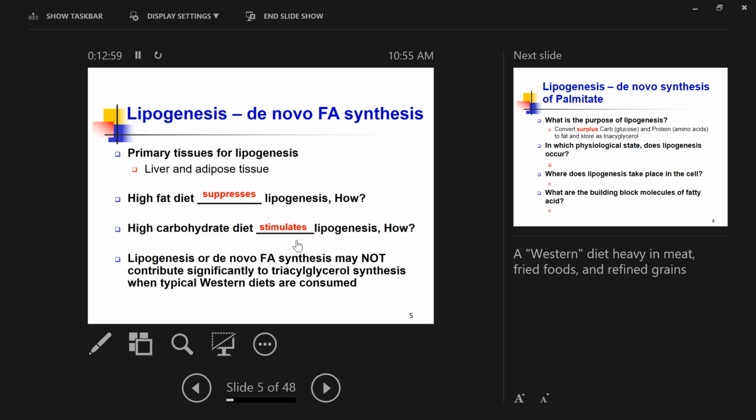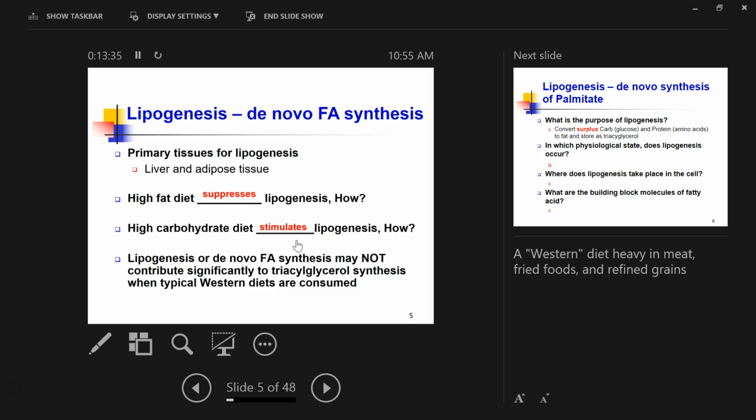The last point I'm trying to explain is that a Western diet, basically, I think we'll consider a high-fat diet, right? So lipogenesis is not a significant contributor to triglyceride synthesis. That means when you have a high-fat diet, the high-fat diet inhibits lipogenesis, right?